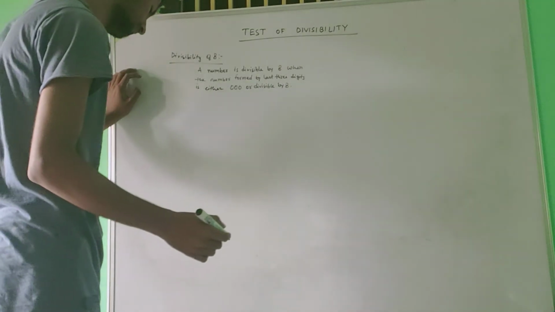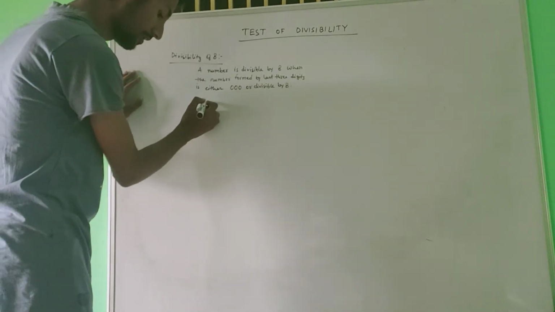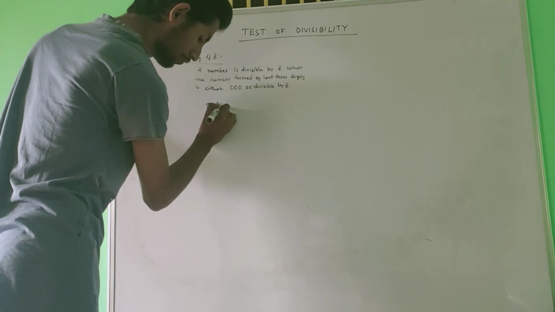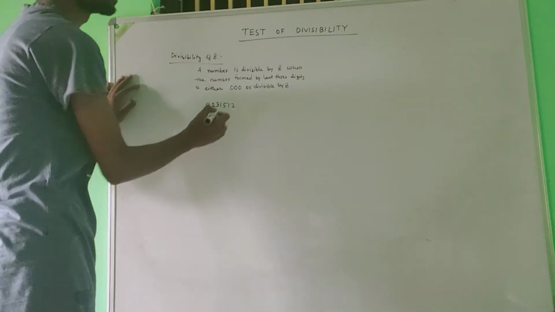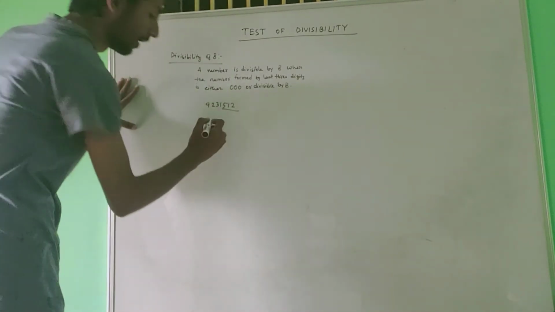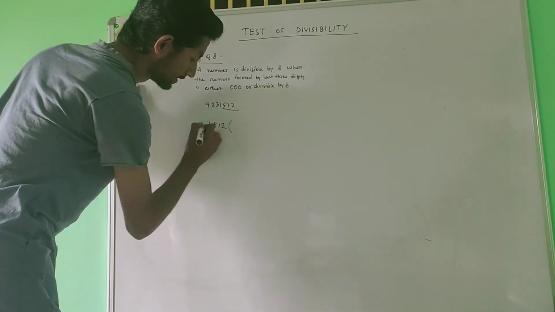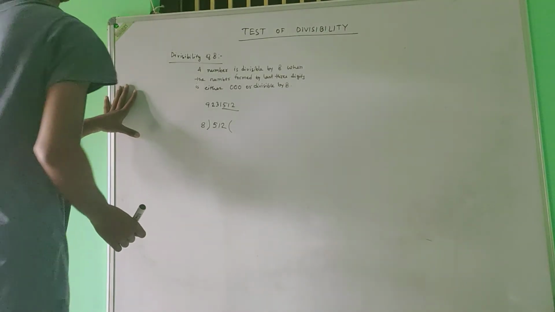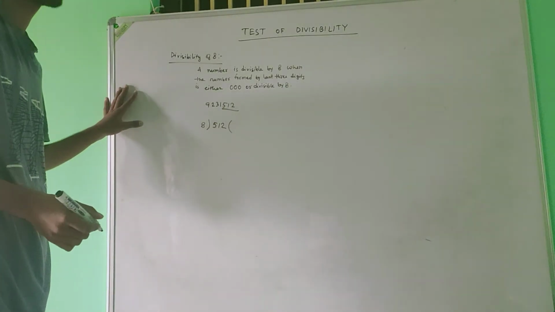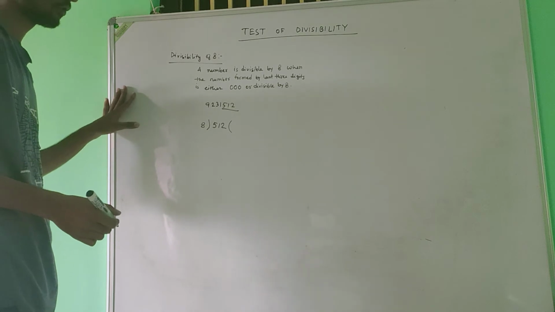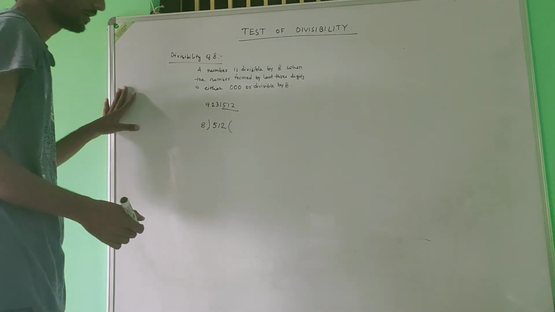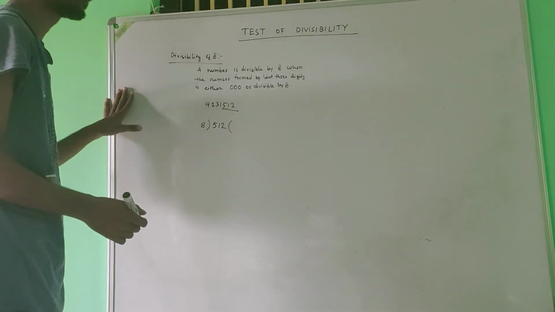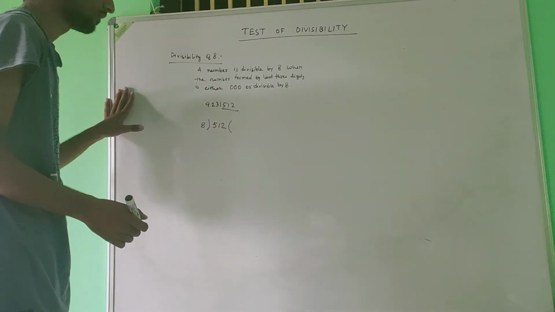Now suppose we take 9231512. The last 3 digits are 512. Now divide 512 by 8. 8 ones are 8, 8 twos are 16, 8 threes are 24, 8 fours are 32, 8 fives are 40, 8 sixes are 48.